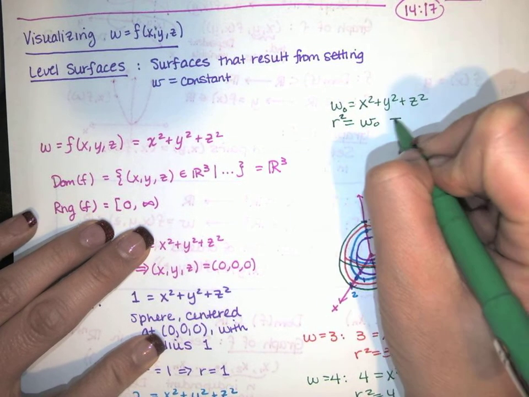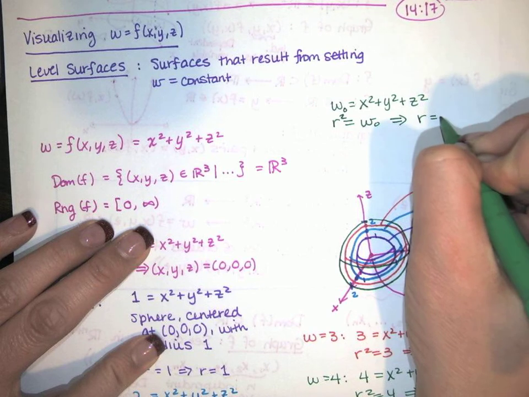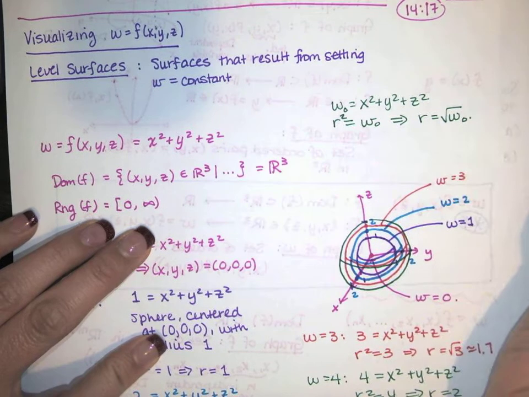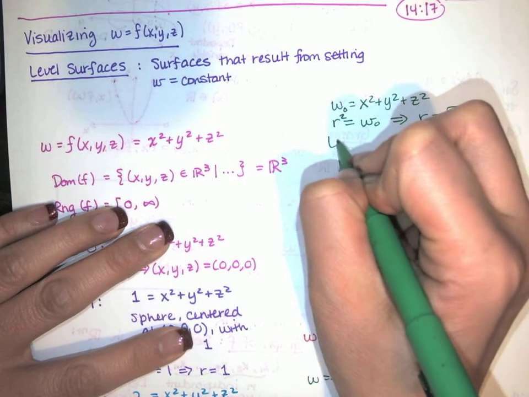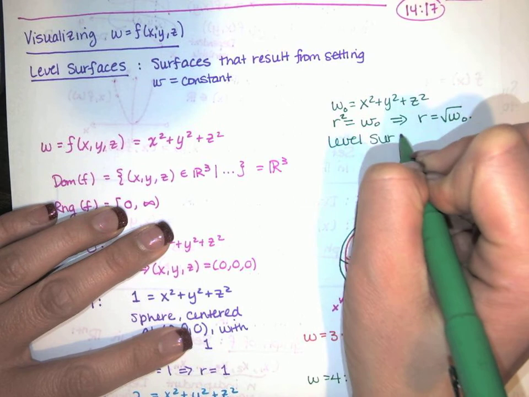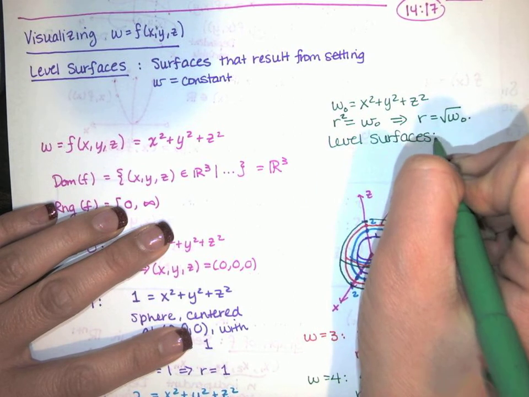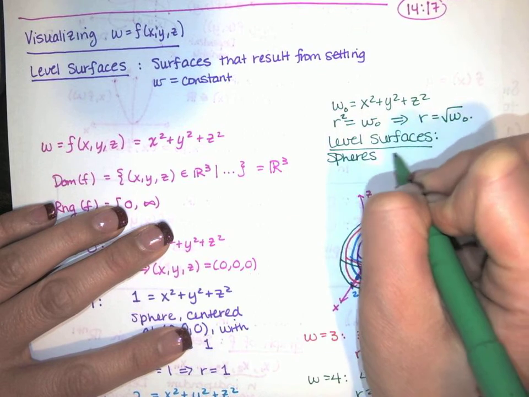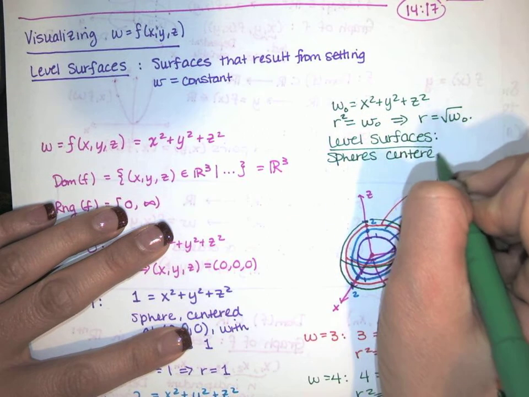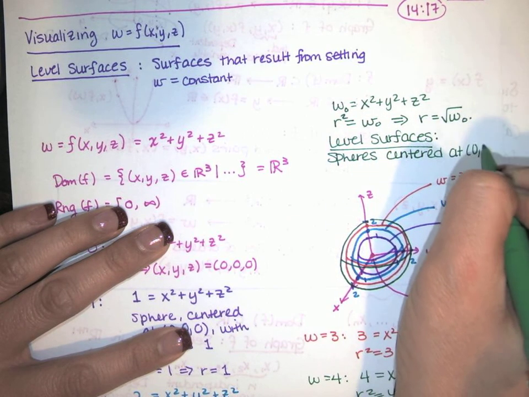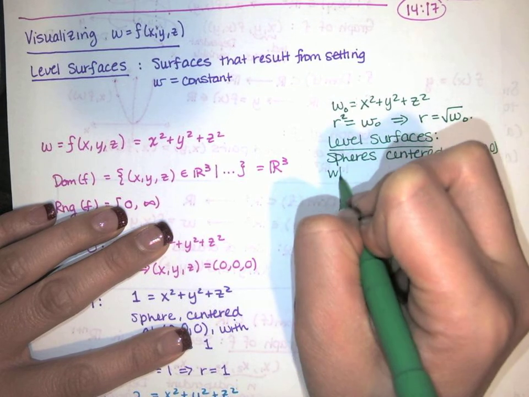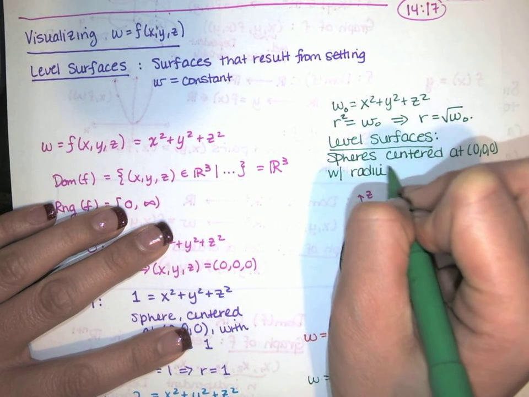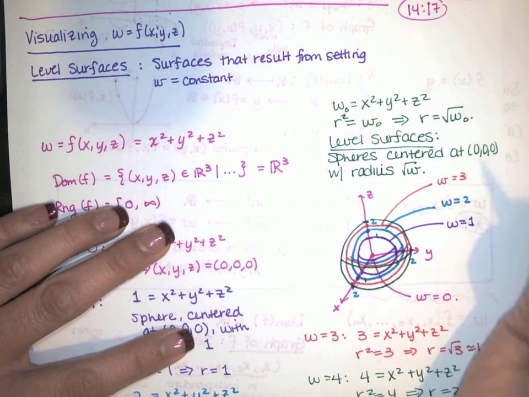R squared is w naught, so the radius is the square root of w naught. So the level surfaces of this function of 3 variables are spheres centered at the origin with radius square root of w.